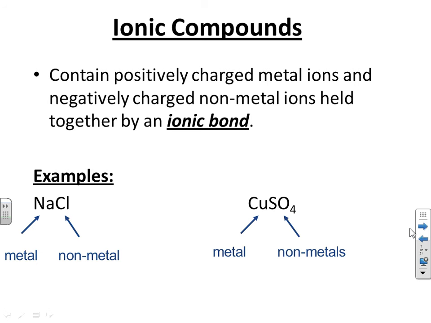We just call it an ionic bond because it's felt between two ions. So now the next thing we have to do is talk about how ions are formed. How does a metal atom become a metal ion, and how does a non-metal atom become a non-metal ion? All right, that's our next step.